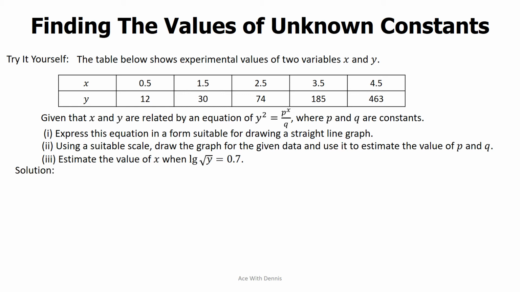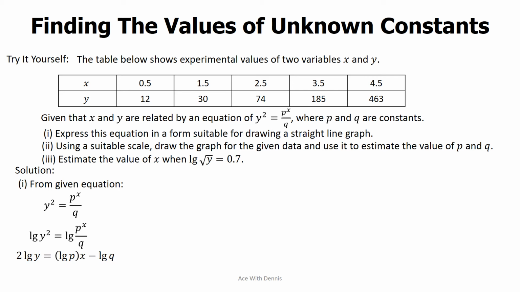Here is the solution. So number 1, from the given equation, y squared equals p to the power of x over q, we can log both sides, which becomes log y squared equals log p to the power of x over q, and it will be 2 log y equals log p x minus log q.